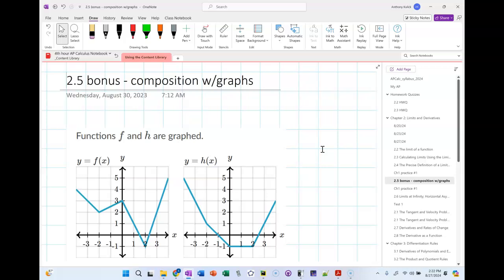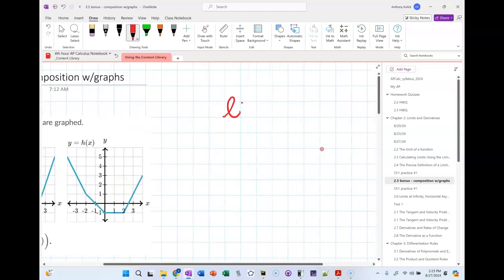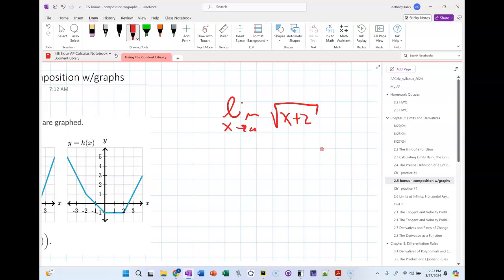We've already done this a little bit, right? Like if we had the limit as x approaches a of the square root of x plus 2, that's really the composition of two functions, right? That's the composition of the square root of x with x plus 2.